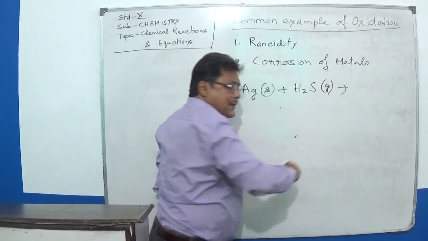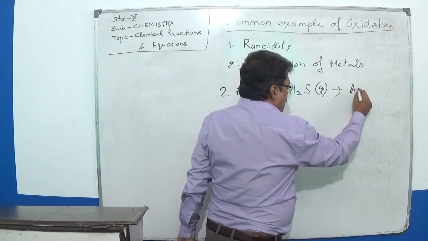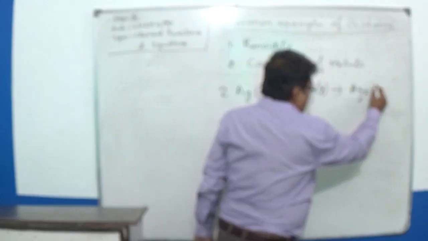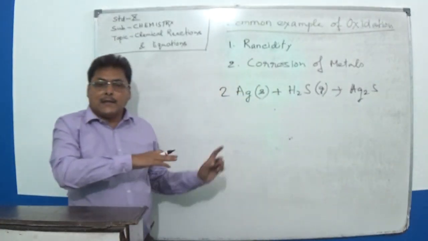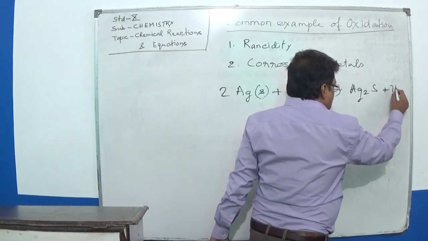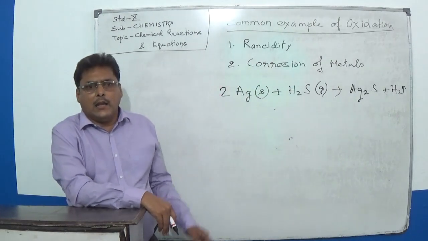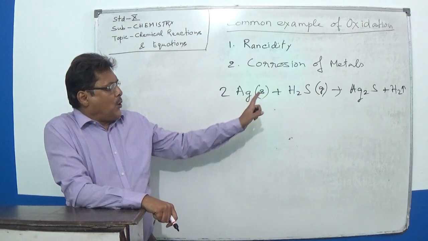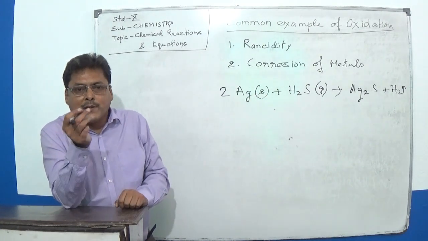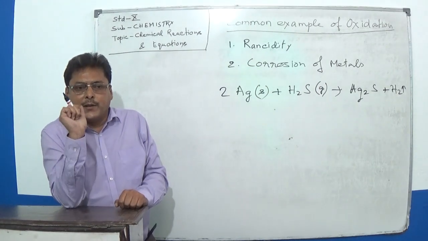What will happen is that this silver now forms silver sulfide, and hydrogen gas is separated from it. You see, this process is called the corrosion of silver. If you leave some silver ornaments, you will see that they get some dirty specks.